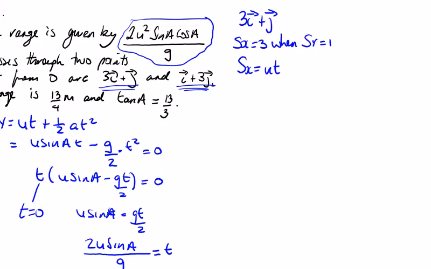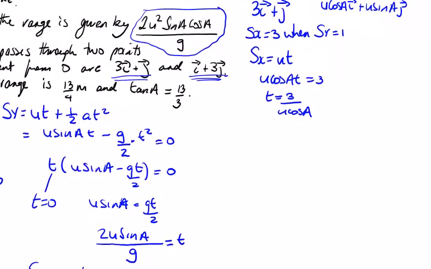We don't know u and a, so u cos alpha plus u sine alpha. So s of x is equal to u cos alpha times t at any point, and that's going to be equal to 3. So the time taken is going to be 3 divided by u cos alpha.